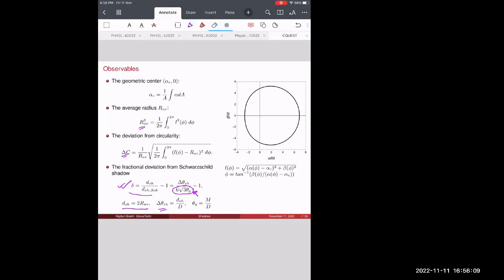So when we constrain black hole mimickers using the Sagittarius A star result, we use this deviation parameter. And for M87, we use the average diameter and the deviation from circularity.